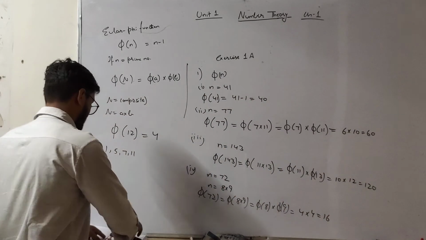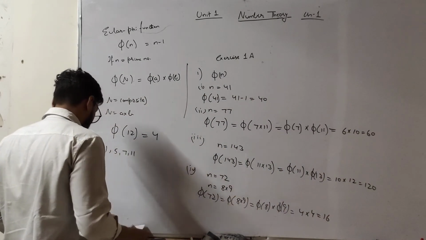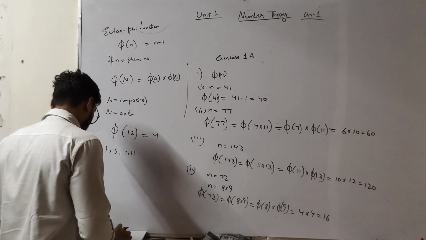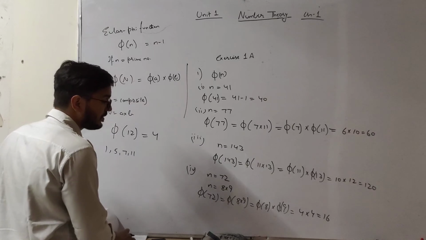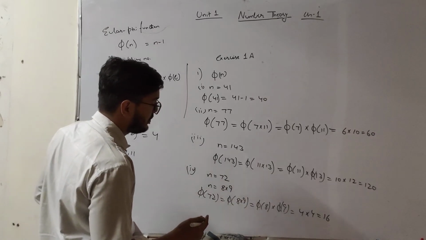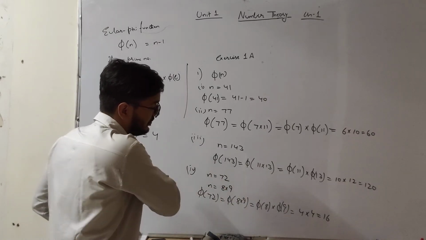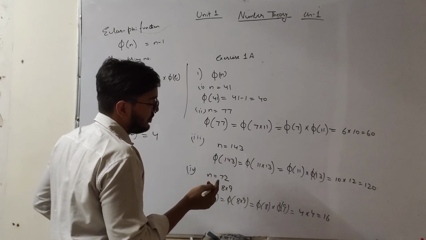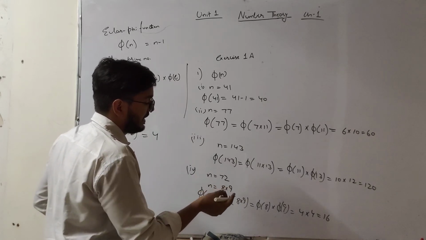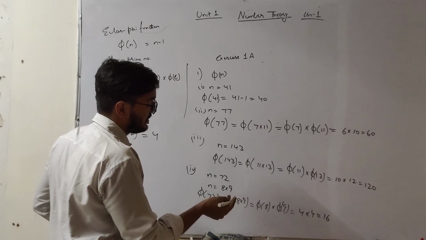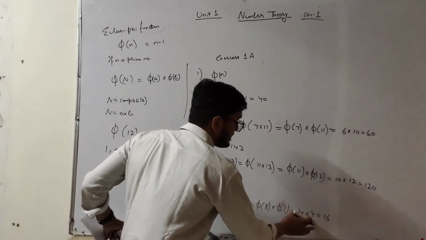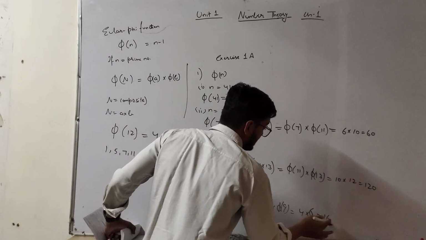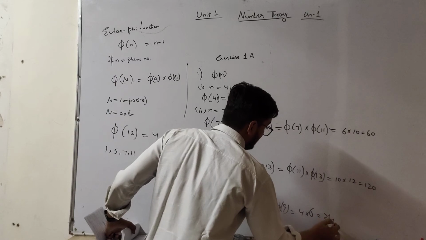Let us just check the answers. For 9, the co-prime digits less than 9 are 1, 2, 4, 5, 7 and 8. So there are 6 digits in total. 6 multiplied by 4 is 24.